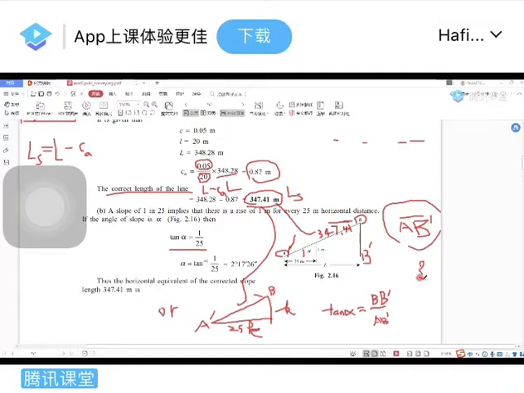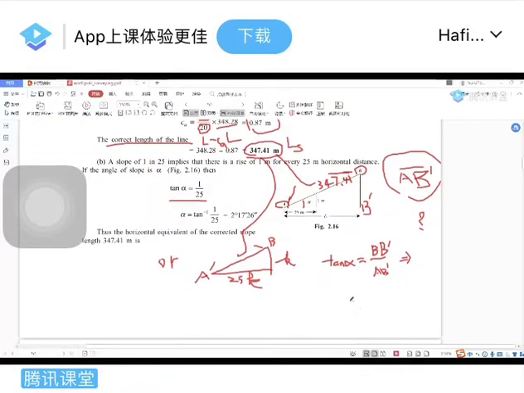Right, so far so good. So far you have AB over here, AB prime over here. So AB prime is tangent alpha times this one. So AB will become AB prime. If you shift it, tangent will become cotangent.